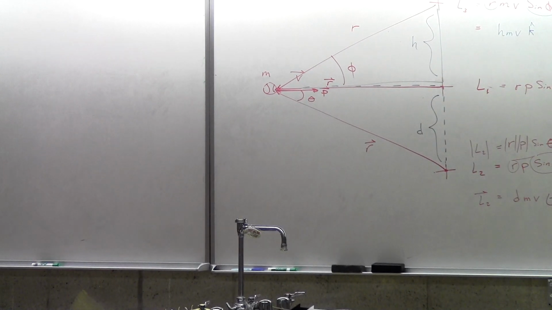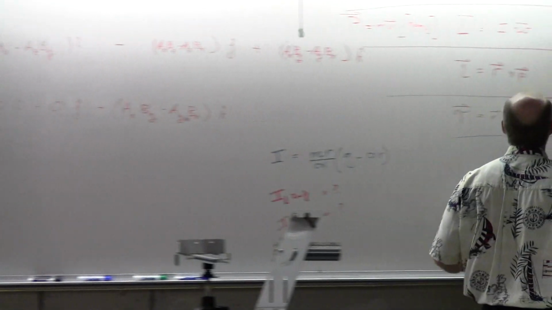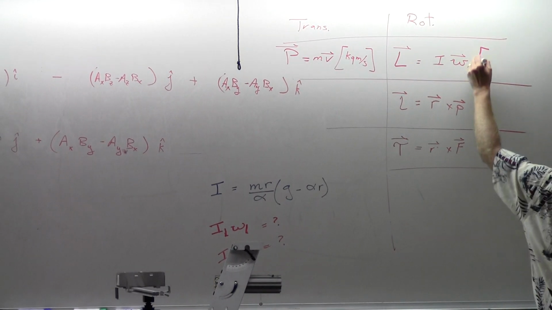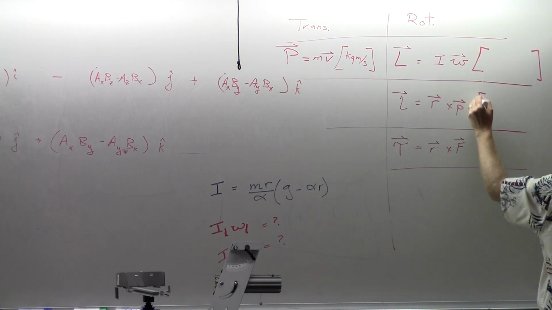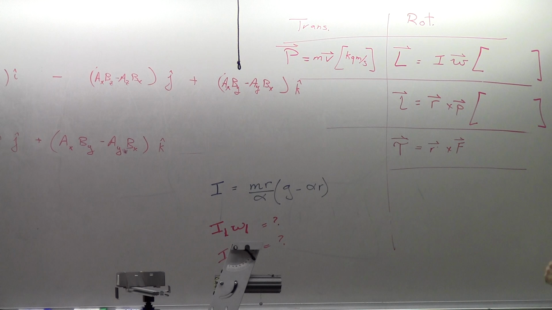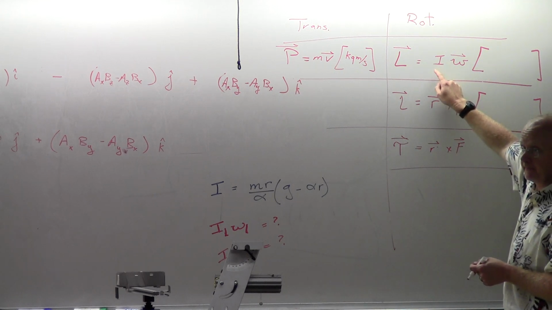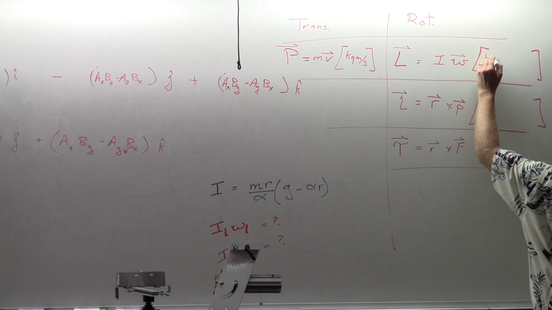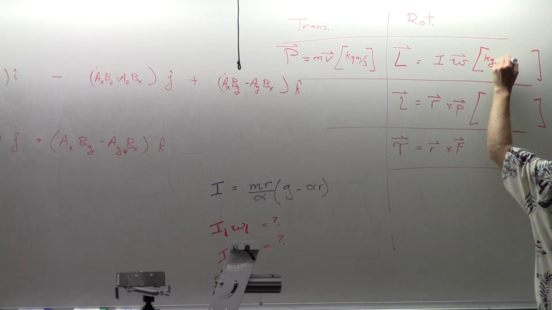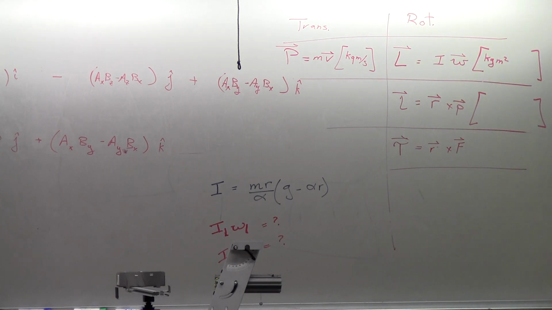So one last thing. What are the units for angular momentum? I told you, a short chapter. So what were the units for rotational inertia? Kilogram meters squared. What was the unit for angular speed? Radians per second. Remember, radians wasn't a real unit. Throw it out. So there it is.